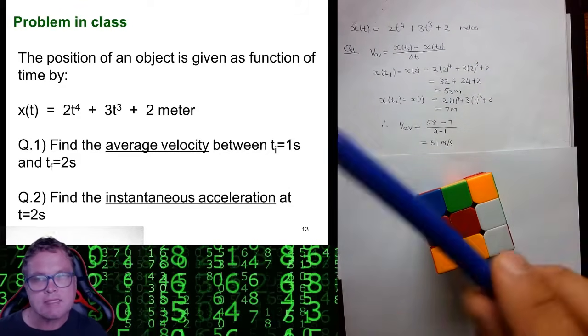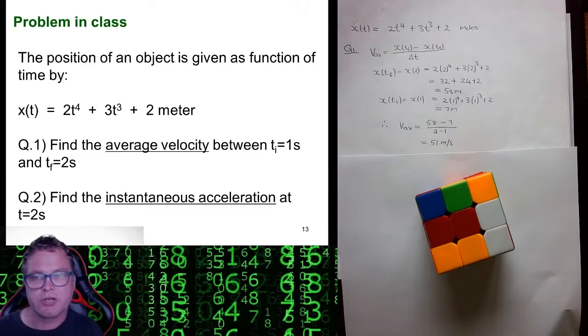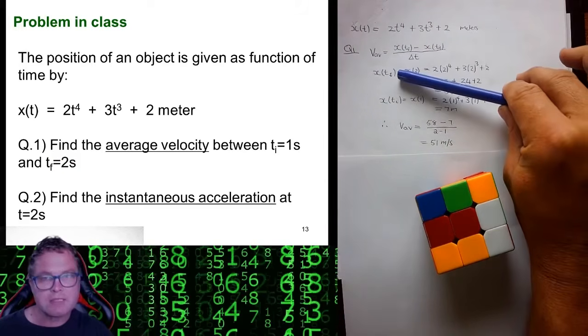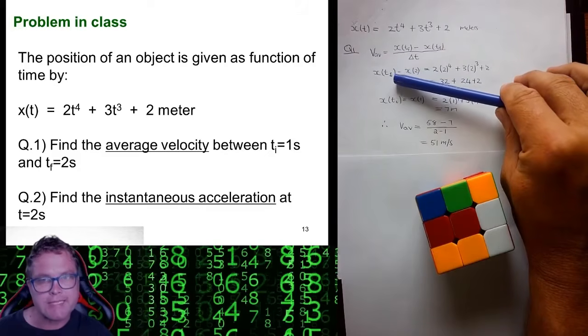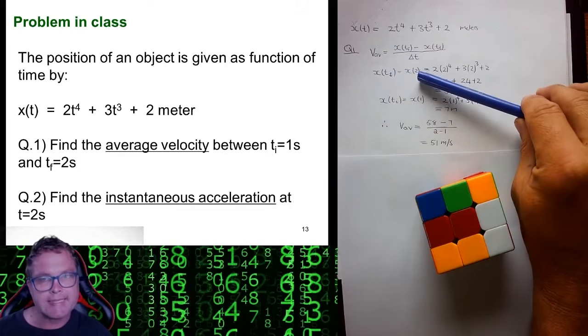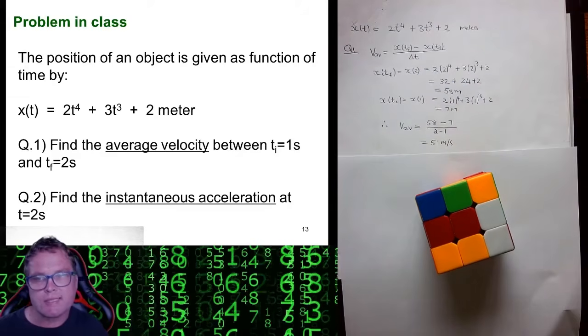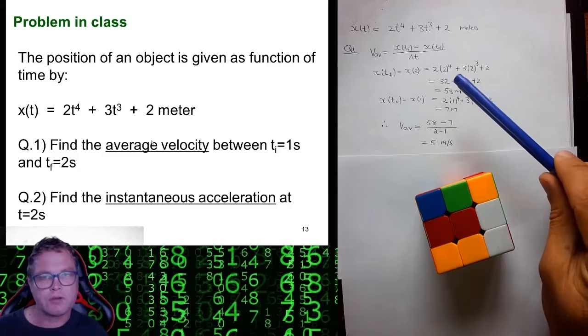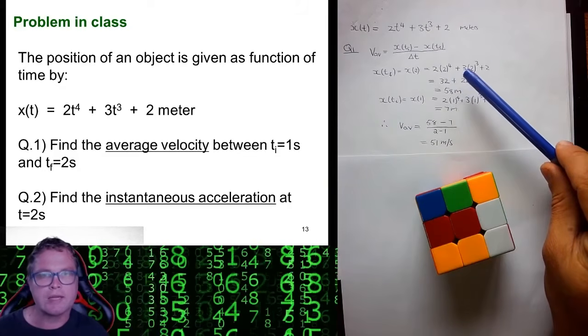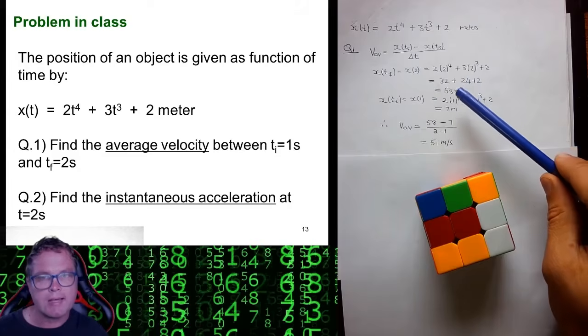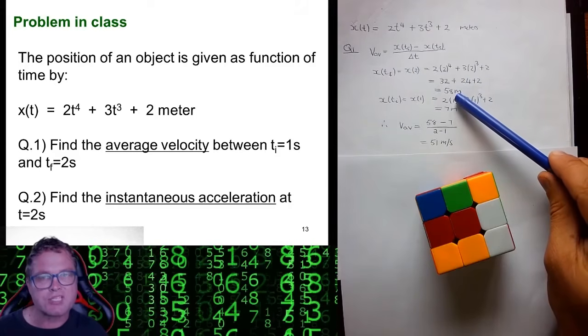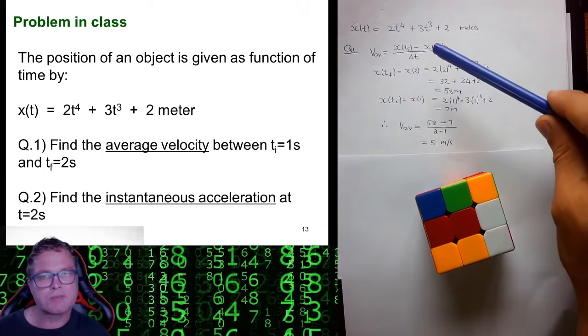So for us, the final displacement is going to be the position x at tf equals 2 seconds. So what we do is we substitute in wherever we see a t, we write a 2. So this then becomes 2 times 2 to the power of 4 plus 3 times 2 to the power of 3 plus 2, which allows us to calculate the final position as 58 meters, which we will use for this term over here.